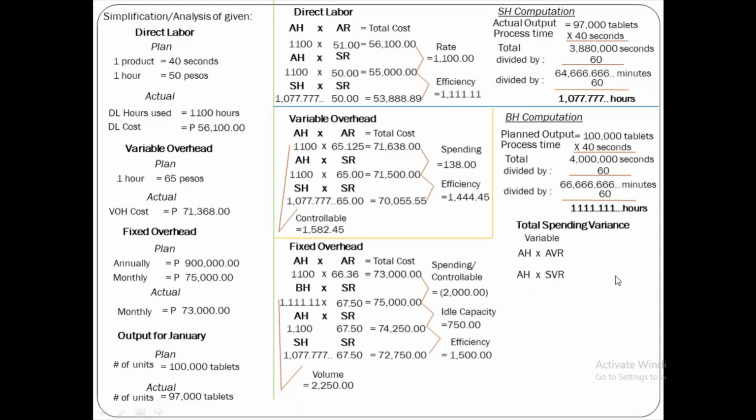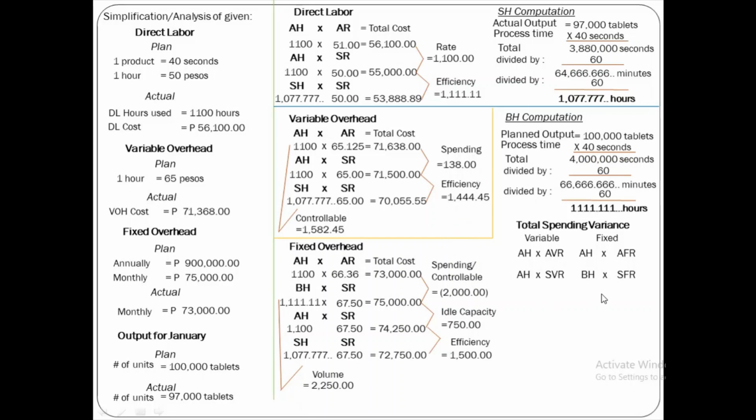And on the fixed portion, you have actual hours times actual fixed factory overhead rate minus budgeted hours times standard fixed factory overhead rate.